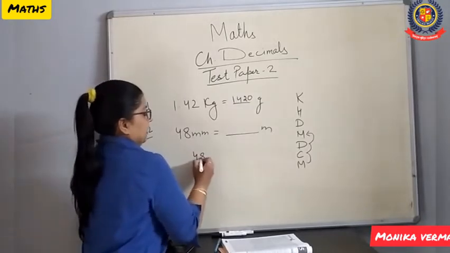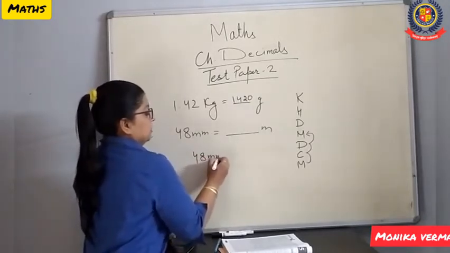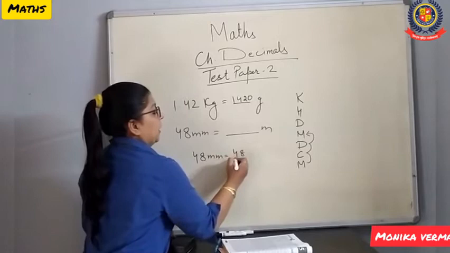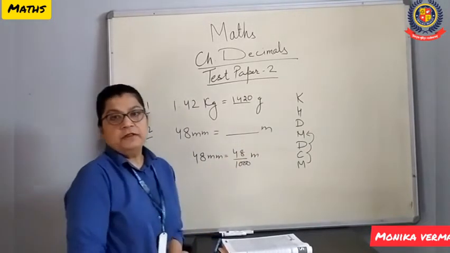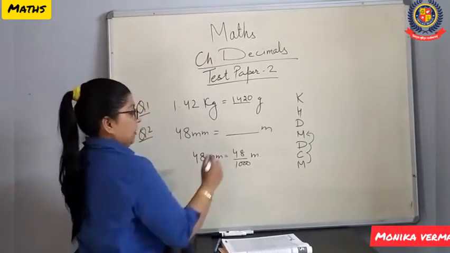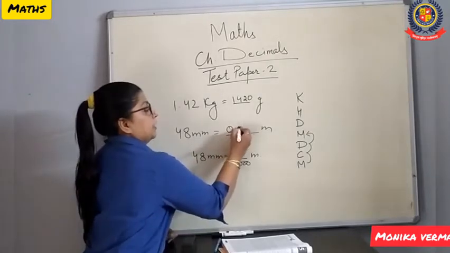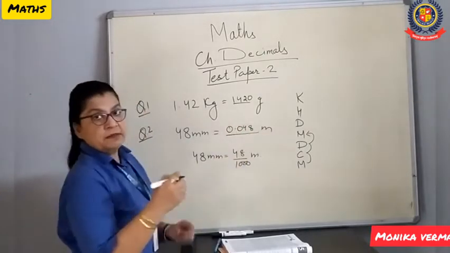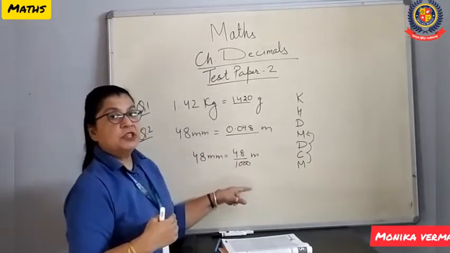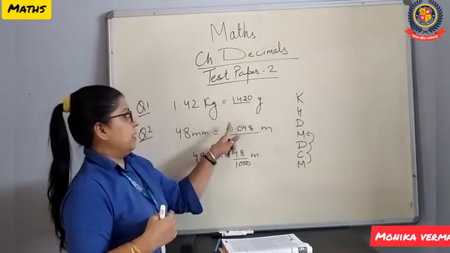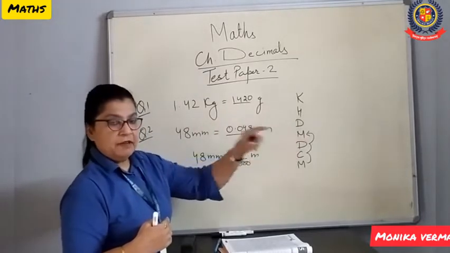So 48 millimeter is equal to 48 upon 1000 meter. We get our answer 0.048. Decimal will shift 3 digits left. When we divide, decimal will shift left. When we multiply, decimal will shift right.